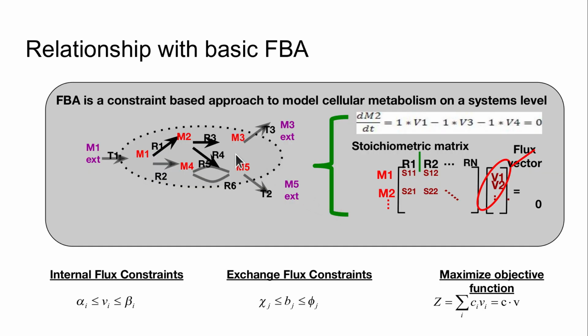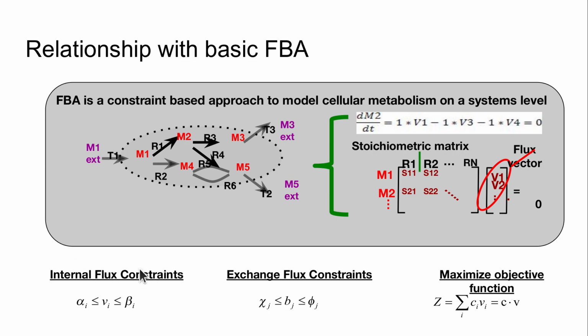Now, if we look at the formalism for FBA, we have the following. We have our metabolic map, from which we can convert a stoichiometric matrix, and we have the steady state assumption that says that the stoichiometric matrix multiplied by the flux vector has to be 0. Additionally, we have internal flux constraints that the flux has to be between an upper and a lower bound, and similarly for the exchange fluxes.